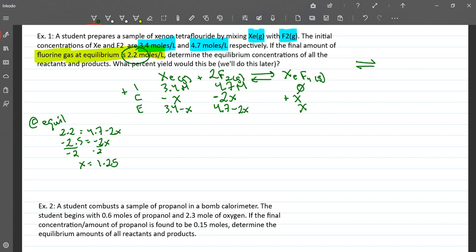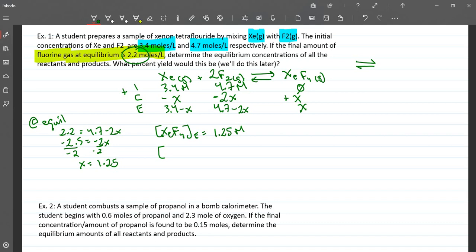Okay, 1.25. We know that at equilibrium, our concentration then for xenon tetrafluoride, because x represents a concentration at equilibrium, is going to be exactly that, 1.25 moles per liter. We can now begin to figure out what the concentrations are of the other substances.